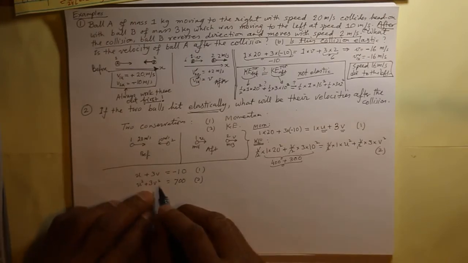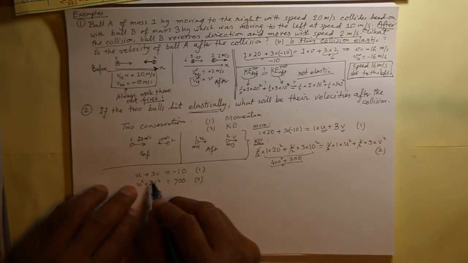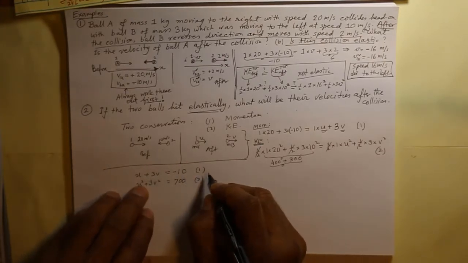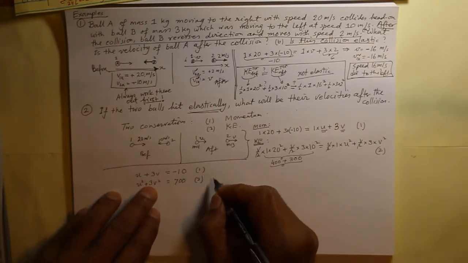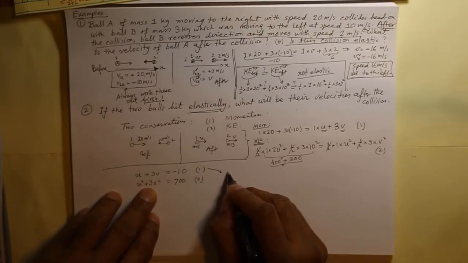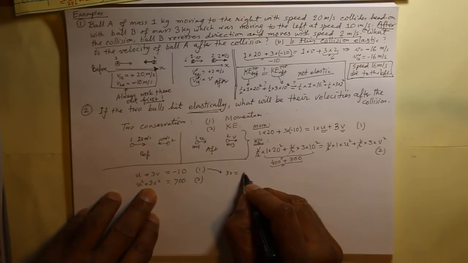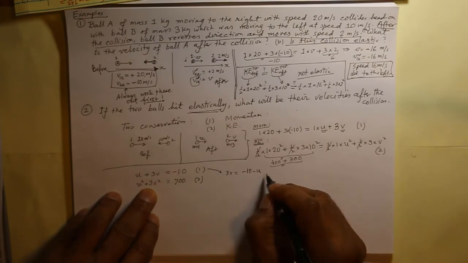Okay, so how do I solve these equations? There are probably several ways of doing it. Let's do one way. Let's make this 3v equal to minus 10 minus u.